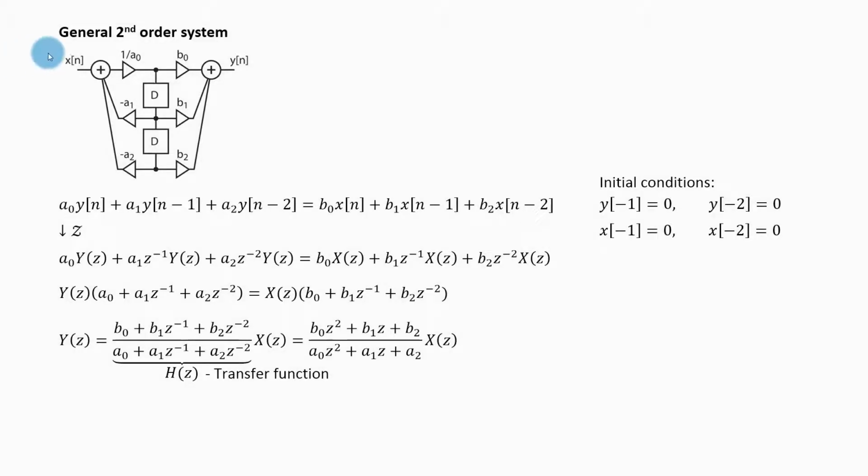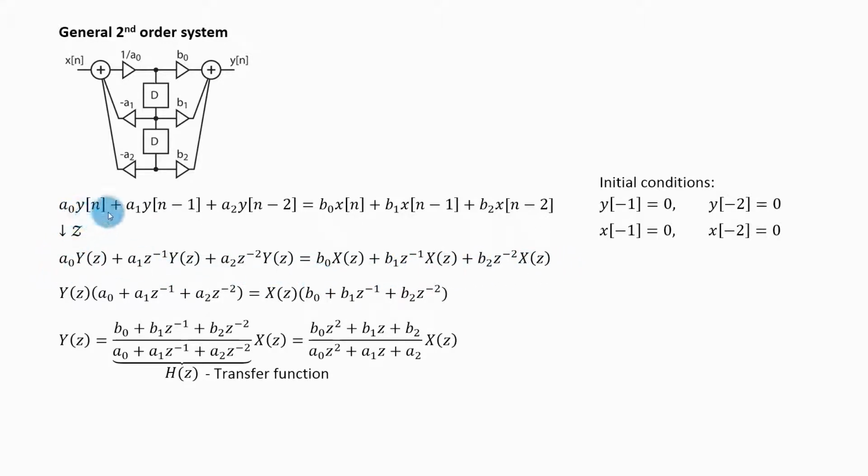Now let's take a look at how it will go for a general second order system. This is the difference equation of a general second order system, and these are what for the z transform we call the zero initial conditions. Now when I apply the z transform to this difference equation, I get this.